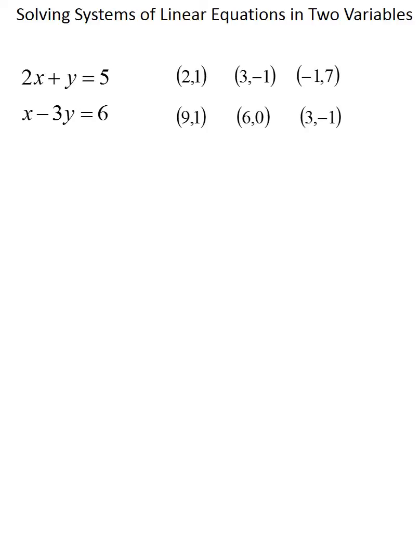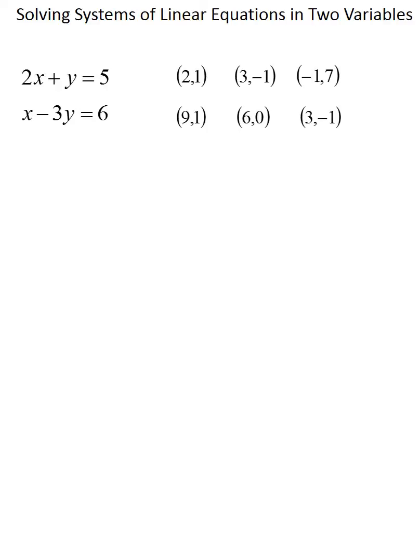By the way, I'm not suggesting that this is what you would do when solving this system of equations. I'm merely pointing out that each of these equations has many ordered pairs that satisfy or make it true. Well, what is a system of equations then?